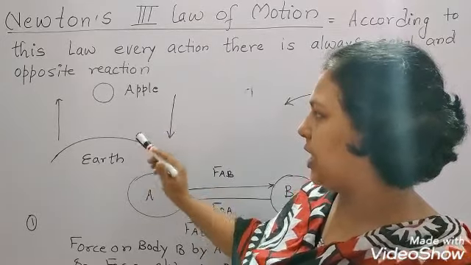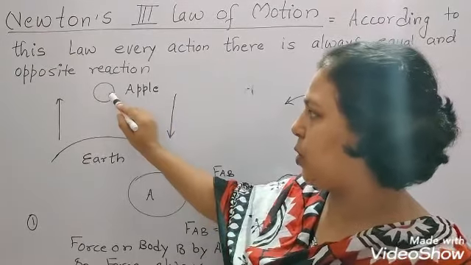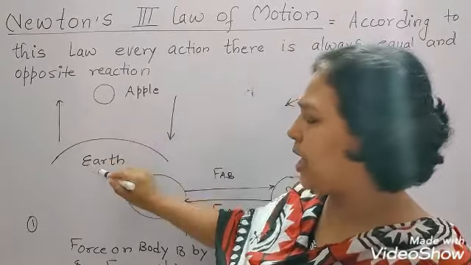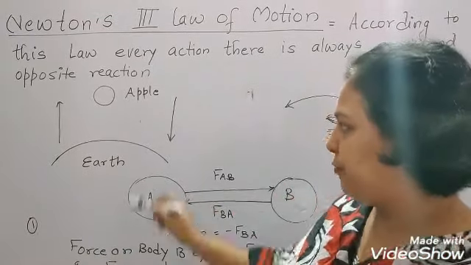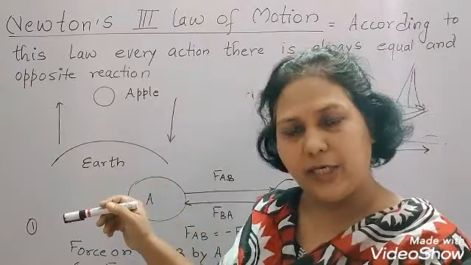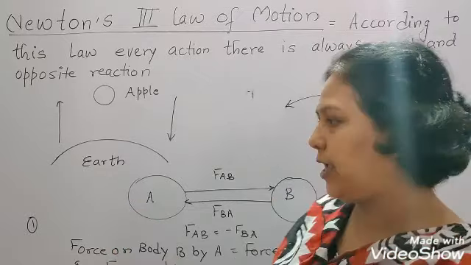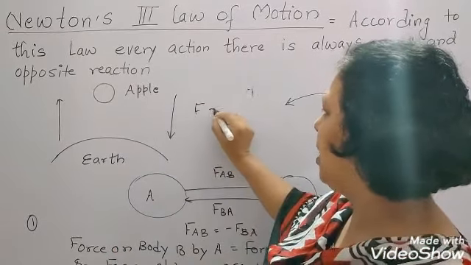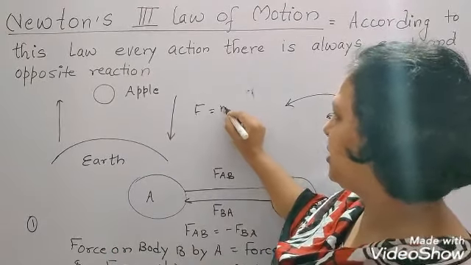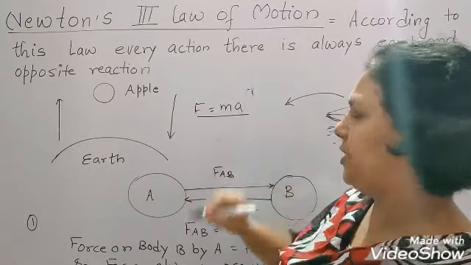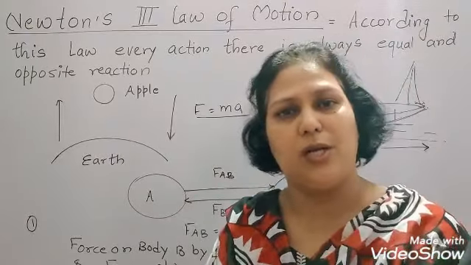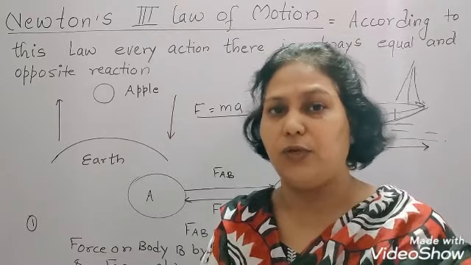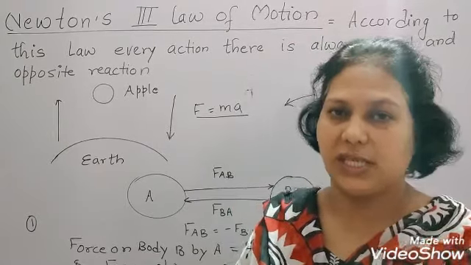Here you can see that the acceleration produced on the apple and earth will be different. The forces are equal in magnitude, action and reaction forces are equal in magnitude, but we know that force is equal to mass into acceleration, from Newton's second law of motion.